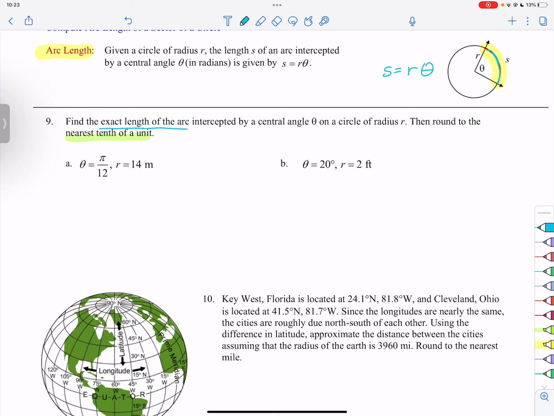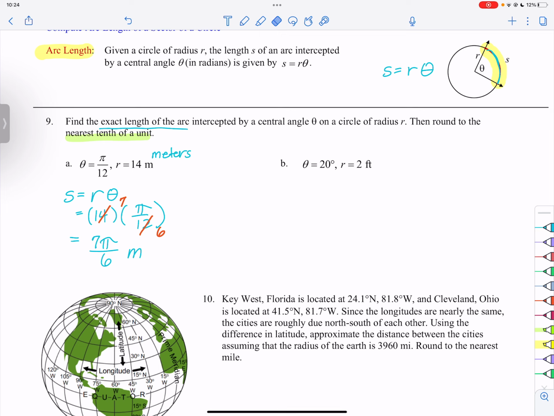So we might as well find the arc length is r theta, and that would be 14 times pi over 12. And if you take 14 and divide it by 12, you will have 7 over 6. And we end up with 7 pi over 6 meters. Okay, since this is meters.